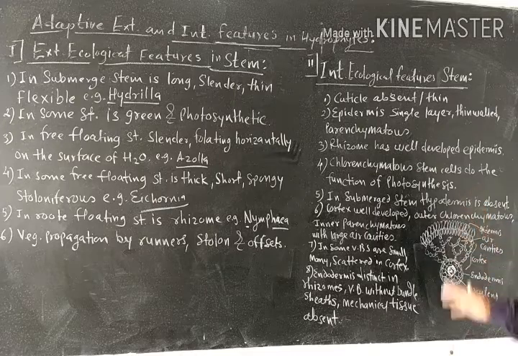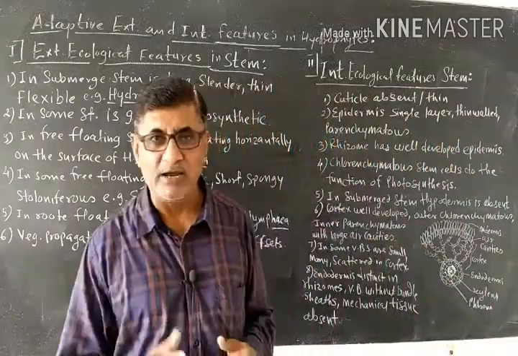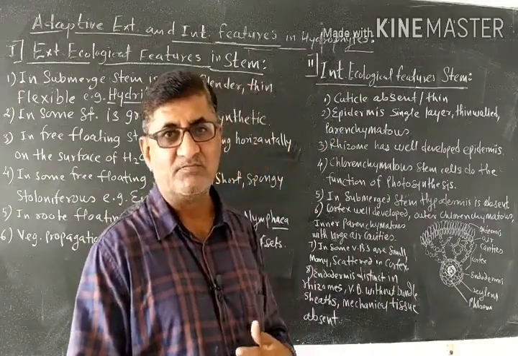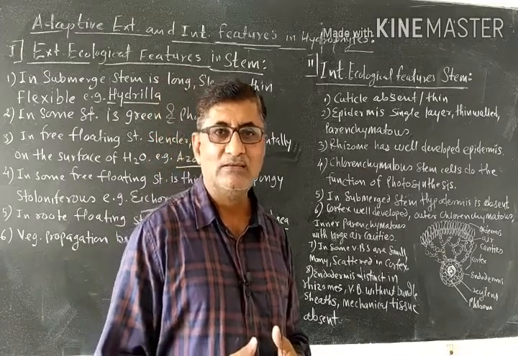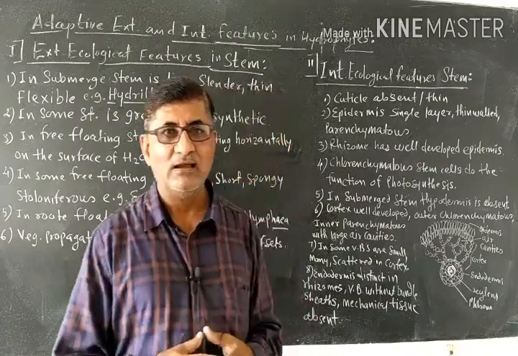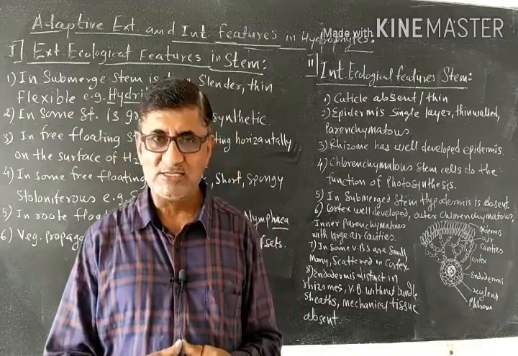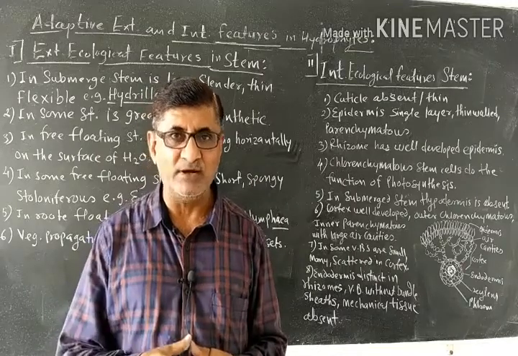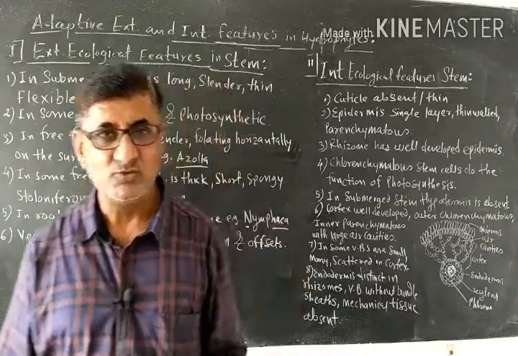So these are some internal adaptations that occur in the stem of hydrophytes. By means of these adaptive structures, hydrophytes can survive in water rich conditions. The external and internal adaptations in the leaves of hydrophytes, we will study in the next video. Thank you.